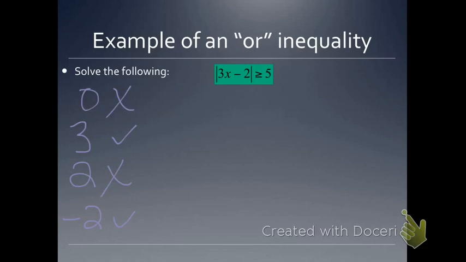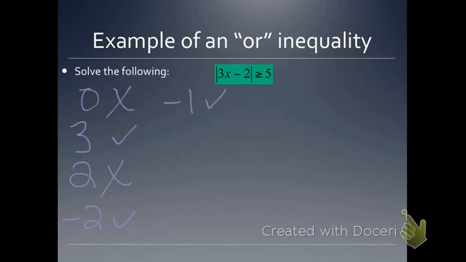So negative 2 works. Negative 1 gives us negative 3. Minus 2, which is negative 5, and the absolute value of that is positive 5, which does work. So somewhere between 0 and negative 1, it starts to work again.